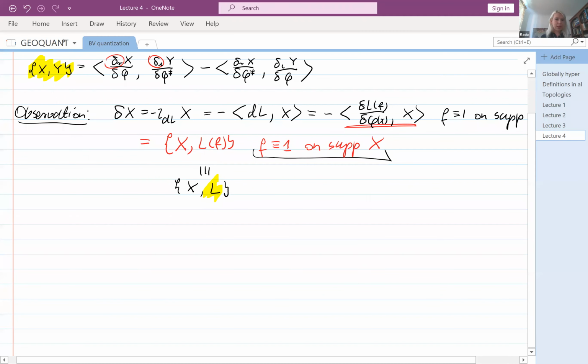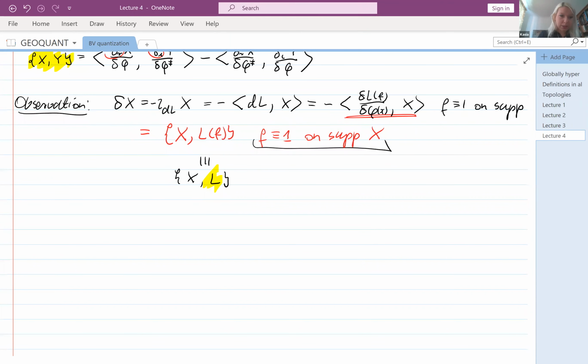Okay, so now I want to comment on what we're doing in the situation where we have symmetries. So I'm going to use that structure to address that.